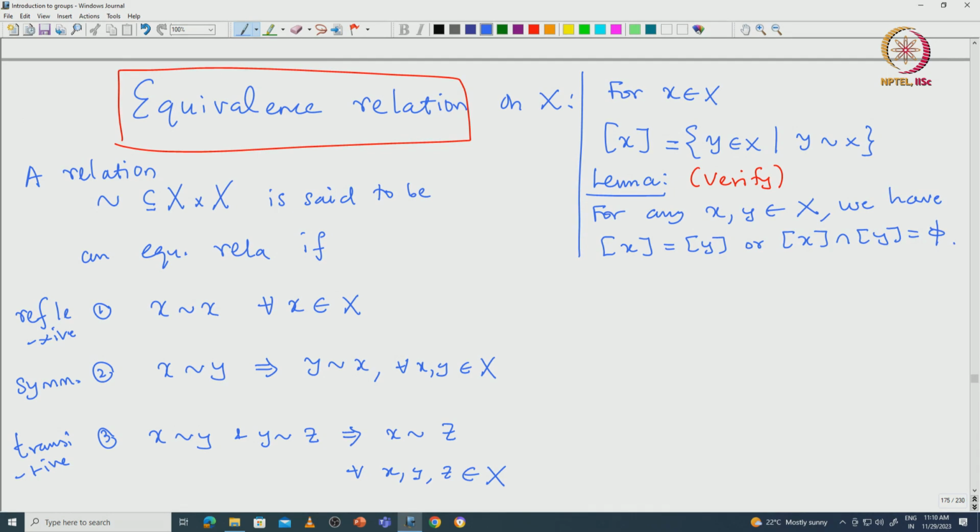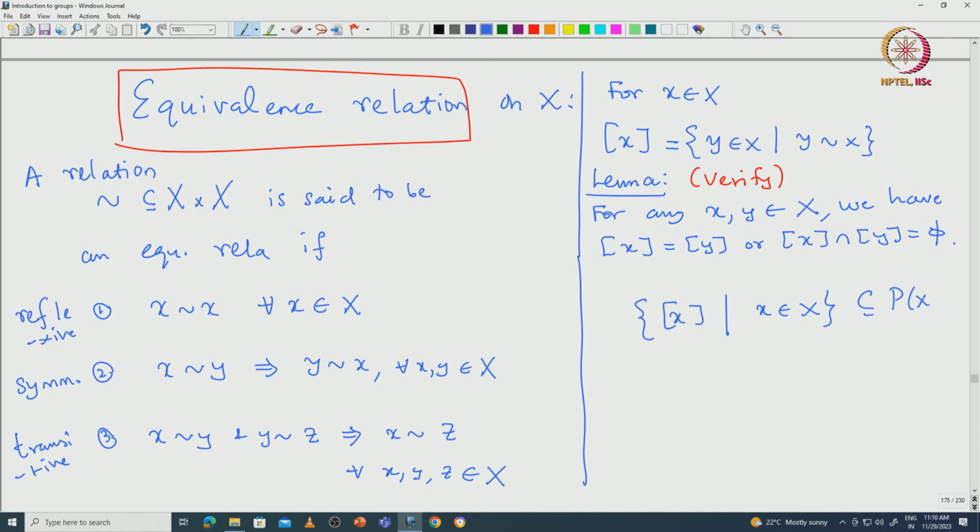So, in particular, we can take all possible equivalence classes of x in capital X, form a set, and consider the distinct elements in it.